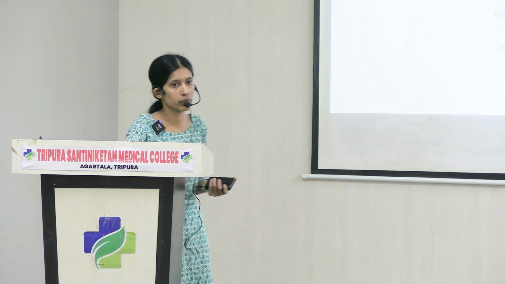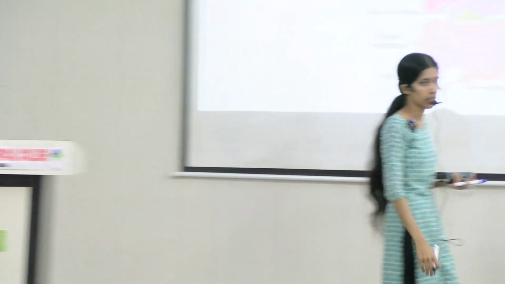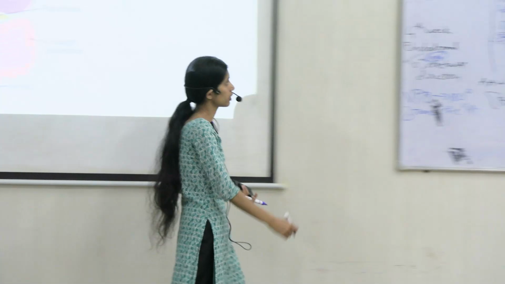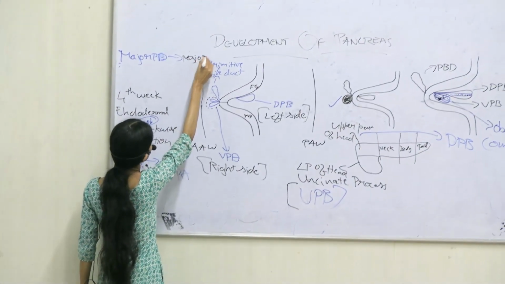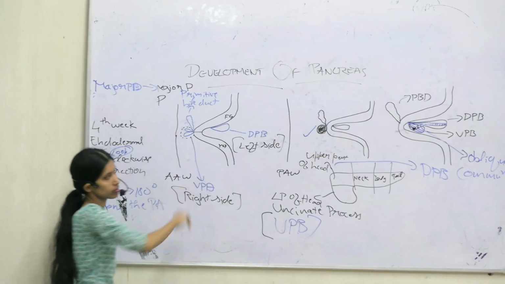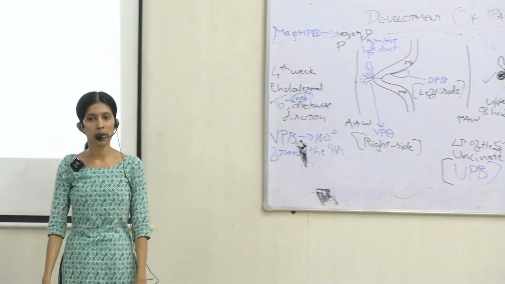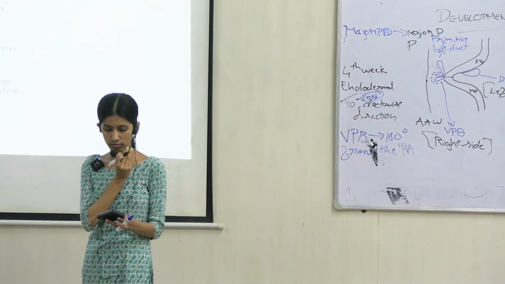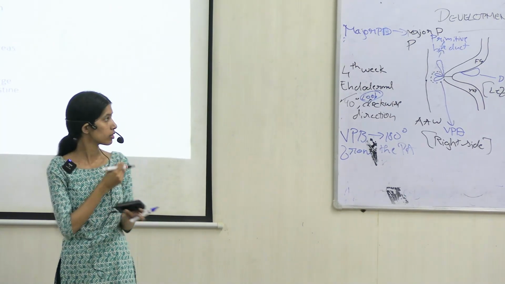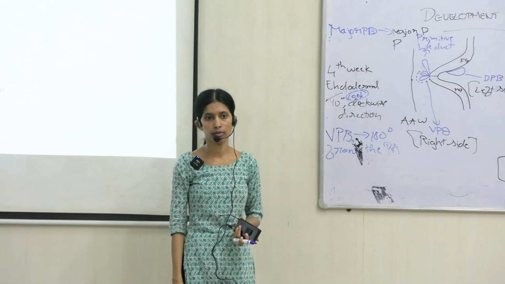These are the four structures that form your major pancreatic duct or main pancreatic duct, and it will open into the major duodenal papilla.